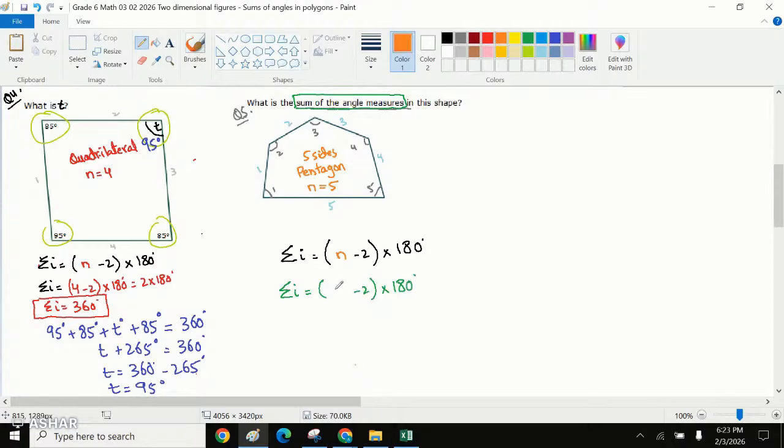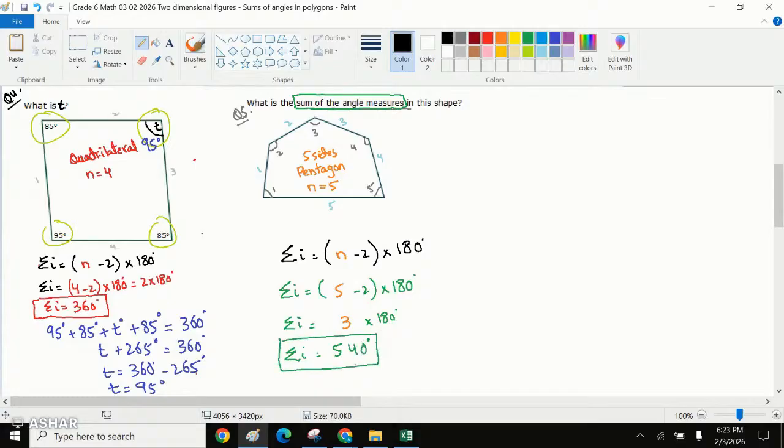So the sum of interior angles for this question comes out to be 5 minus 2, and what is 5 minus 2? 5 minus 2 was 3. That means 180 multiplied by 3 would be 540. That means the sum of interior angles, the sum of the angle measures, would be 540 degrees.